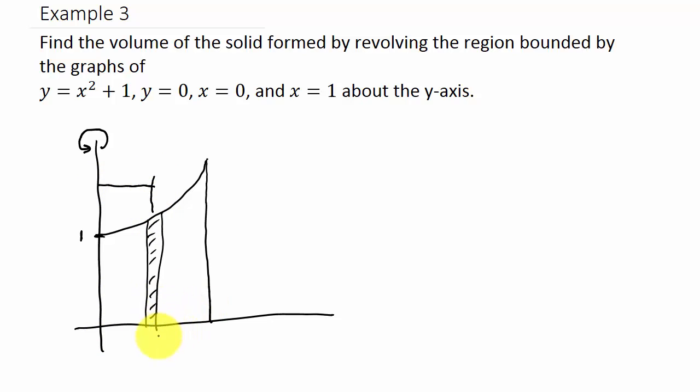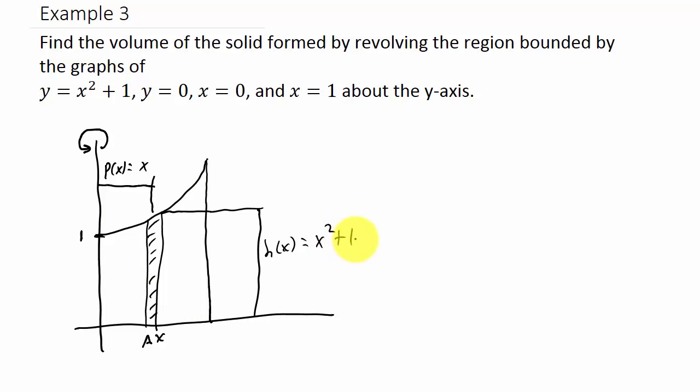And before we do that, there's the thickness, delta x. So everything's going to be in terms of x. So p of x, the radius, is equal to x, and then we need the height of the rectangle. So that's h of x, and this height here is x squared plus 1.